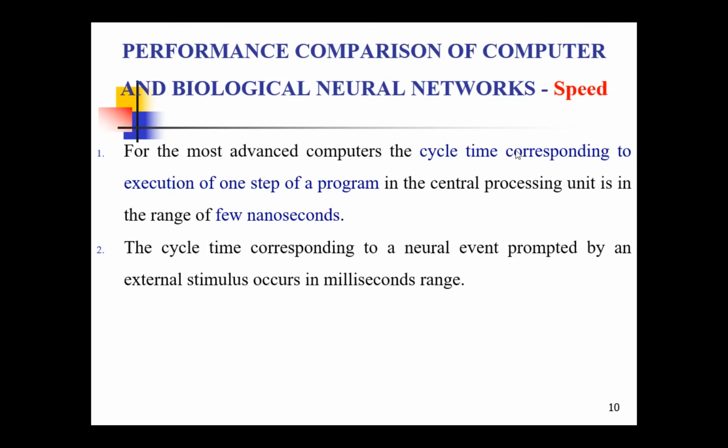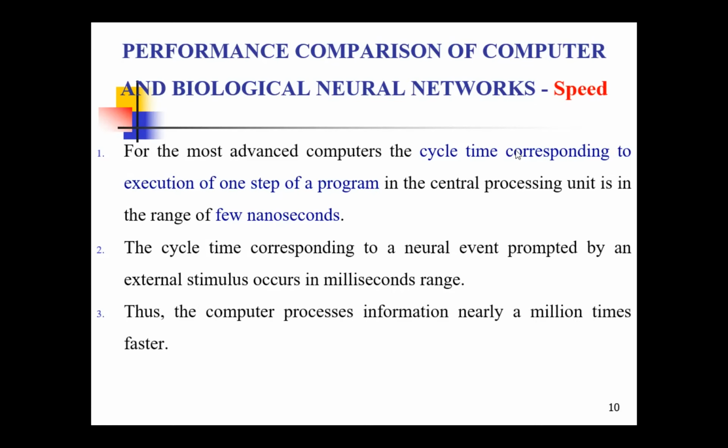But the cycle time corresponding to a neural event because of an external stimulus takes place in the millisecond range. Because of this, computers process information a million times faster. Because of the supercomputers that we have, the processing of information is very, very quick.